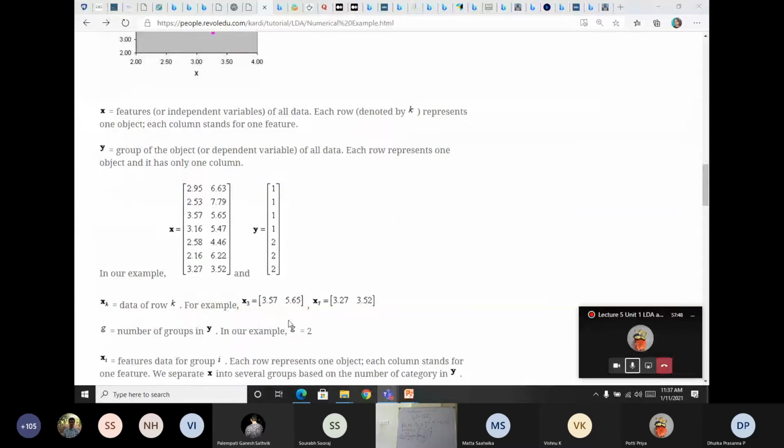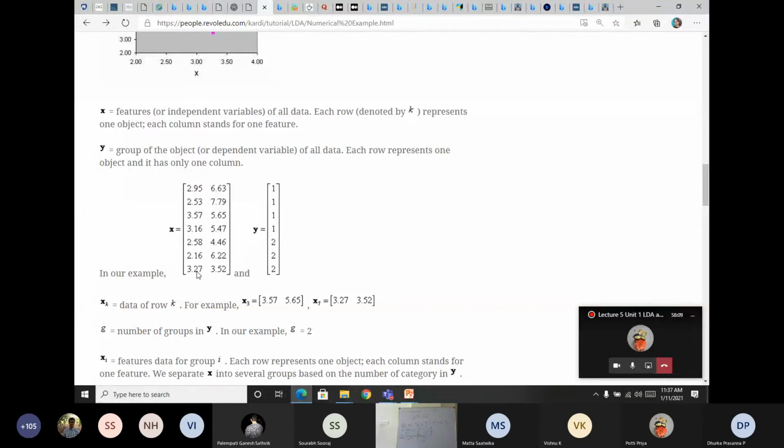Now, what we have to do is take the mean of the entire X, that is called the global mean, and then take the mean for the first 4 rows only, that means for category 1, and once again for category 2, the next 3 rows.